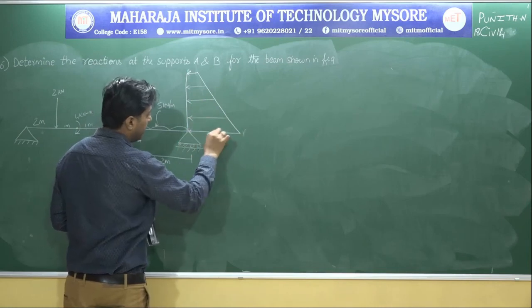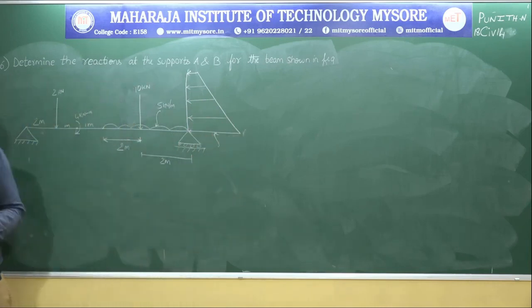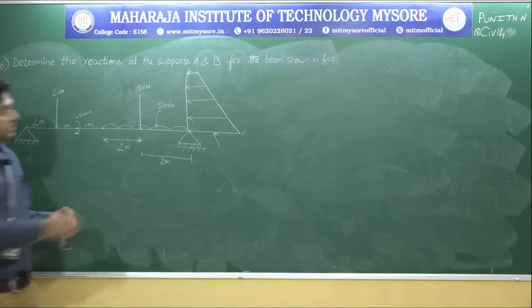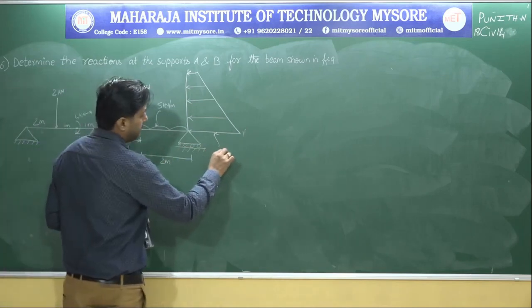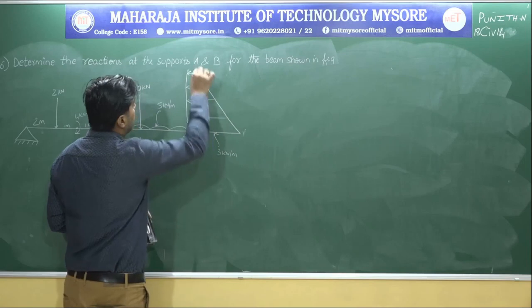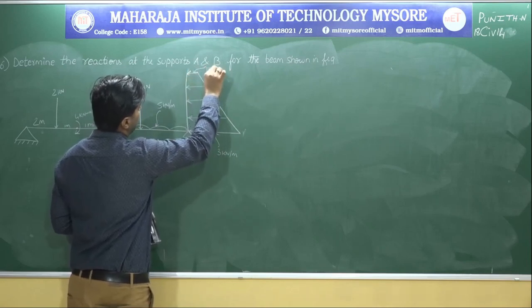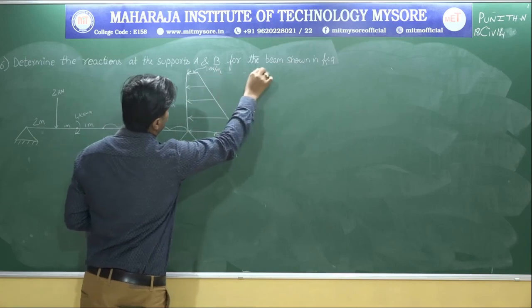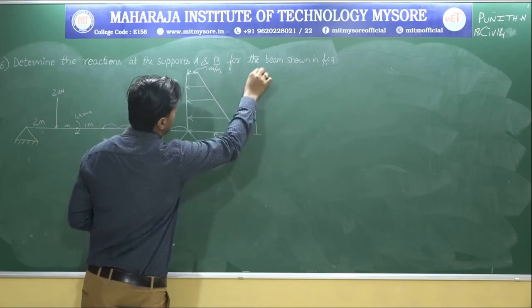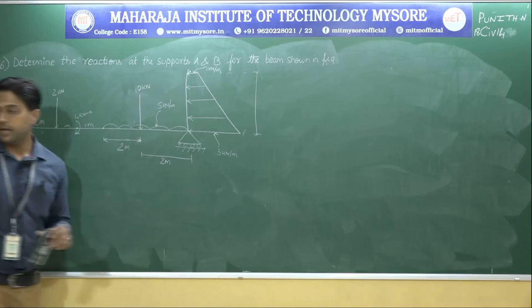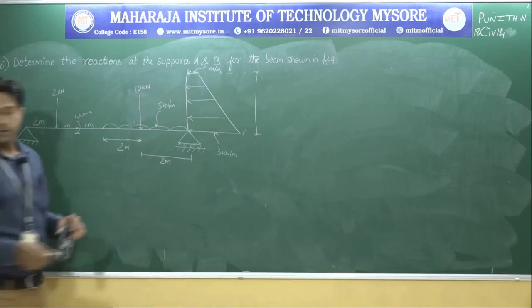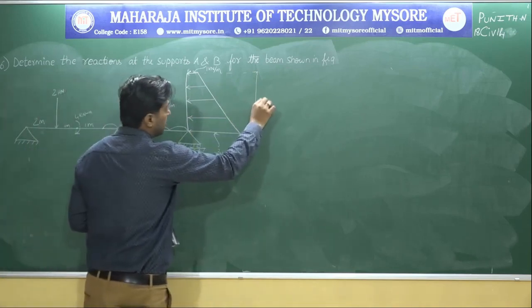The value of this has been given as 3 kilonewton per meter, and at this particular junction they have given the value as 1 kilonewton per meter. The span that they have given is 3 meter.